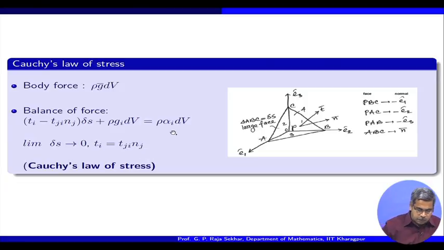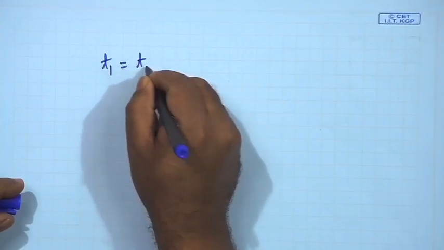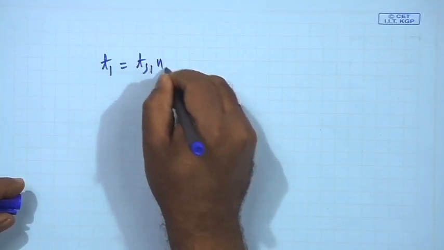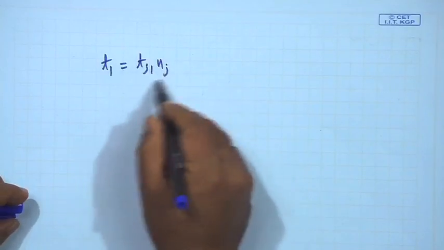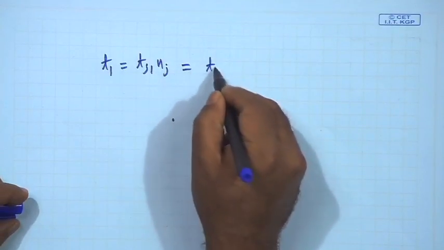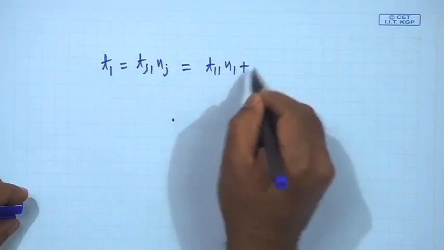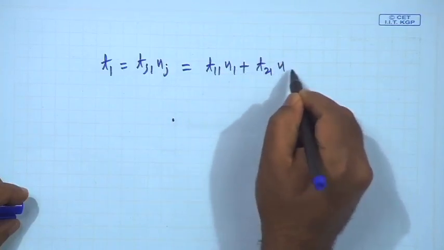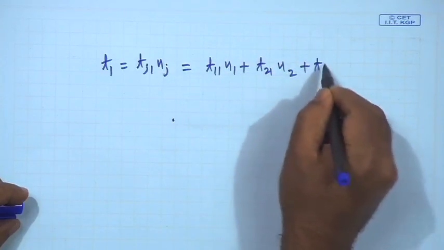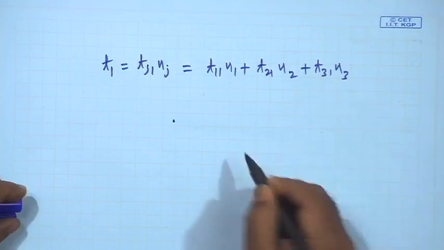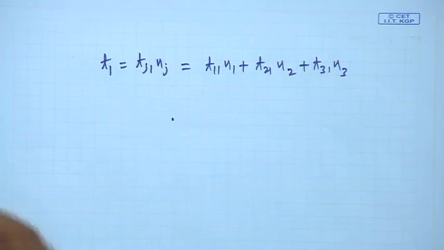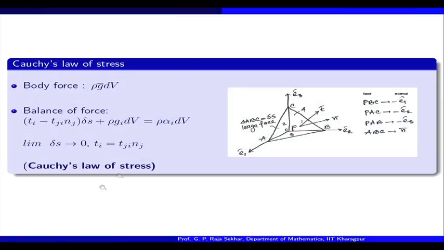So, you can expand like this: T1 is nothing but T_j1 n_j, and now summation on j is going on. Therefore, T11 n1, T21 n2, T31 n3. Similarly, you can vary the corresponding index and obtain the others.